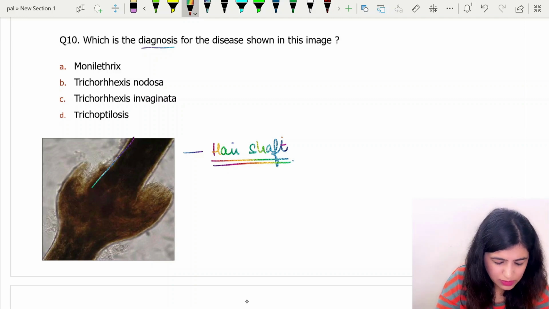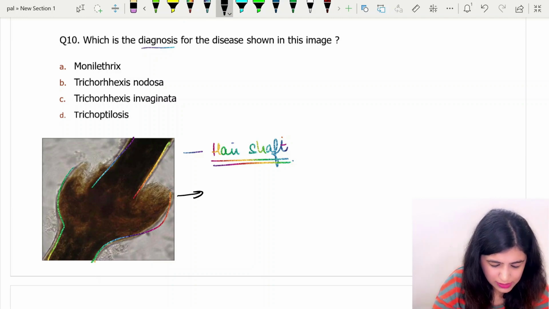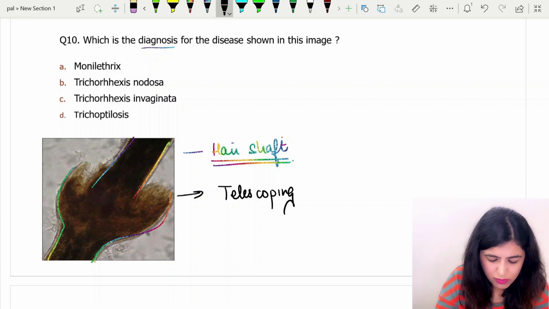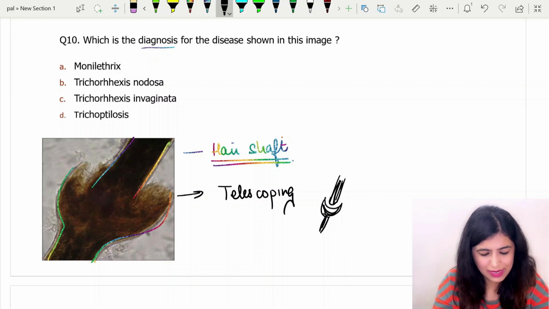In the hair shaft, there is this one segment which is telescoping into the other segment. So there is a telescoping of one segment like this into the other segment. This is what the image is telling us.